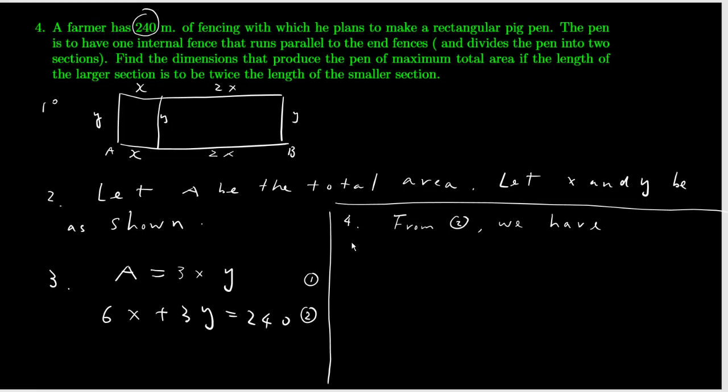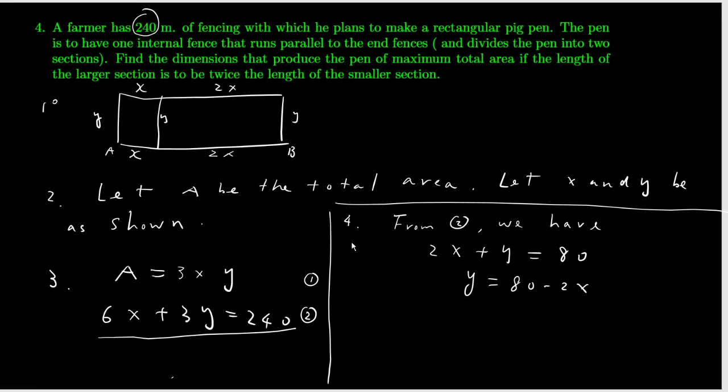So we have 2x plus y, dividing equation 2 by 3, equals 80, right? And then we can solve this equation for y. By that we mean we want to write y in terms of x. So y is equal to 80 minus 2x.